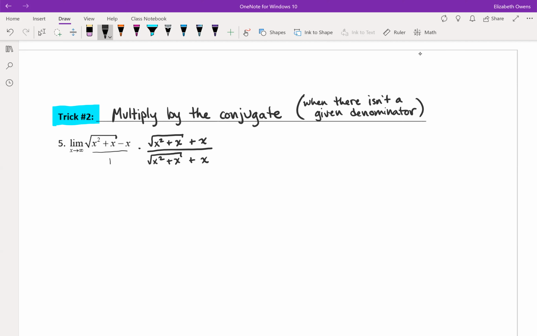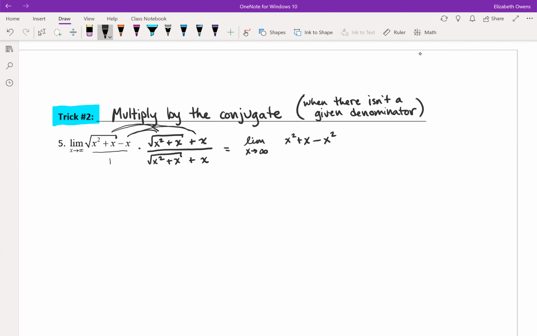All right, so we have a limit as x is approaching infinity. Let's go ahead and distribute here. We'll have x squared plus x, and then, beauty of the conjugate, plus x times the square root minus x times that square root. Middle terms cancel each other out. That's why the conjugate is so cool. And then for the last terms, we'd have minus x squared.